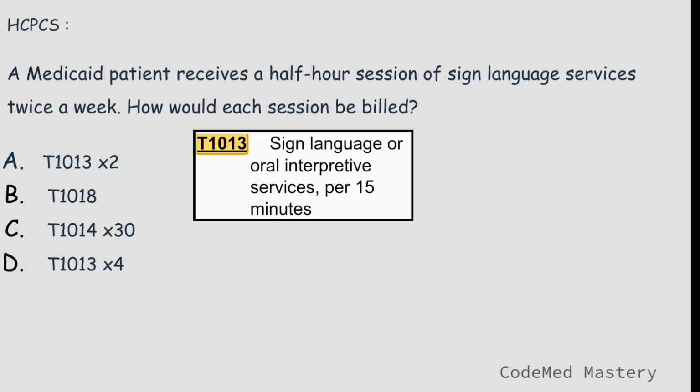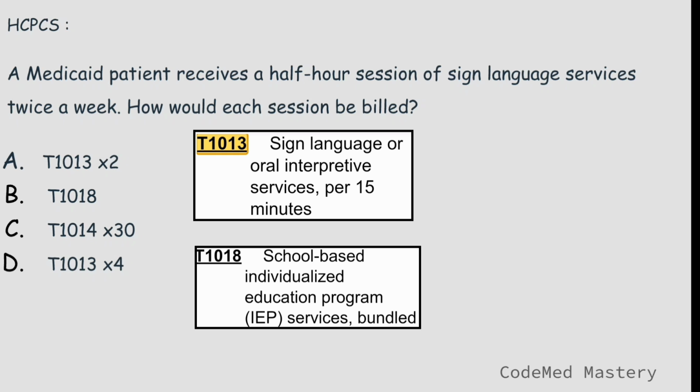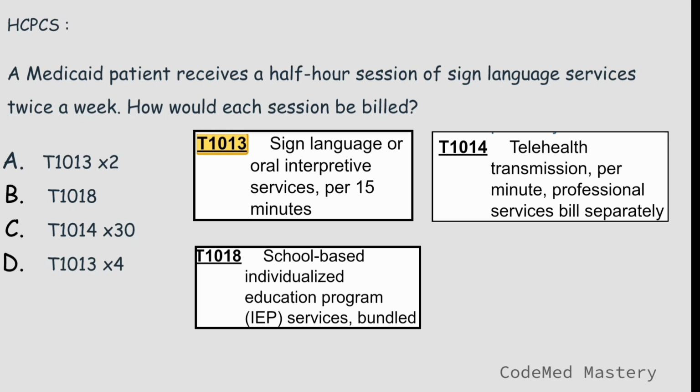And check option B T1018, that is for school-based individualized education program services bundled. Check option C T1014, that is for telehealth transmission per minute professional services billed separately. And option D T1013, that is sign language or oral interpretive service per 15 minutes.